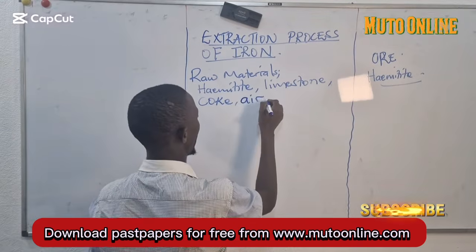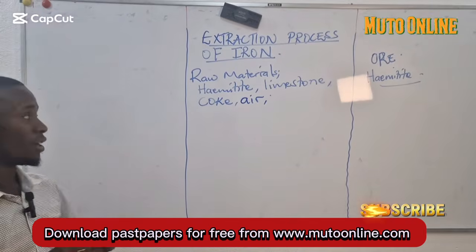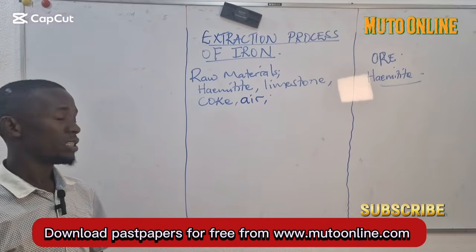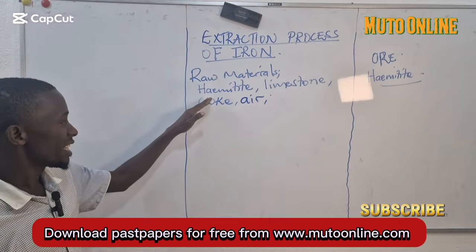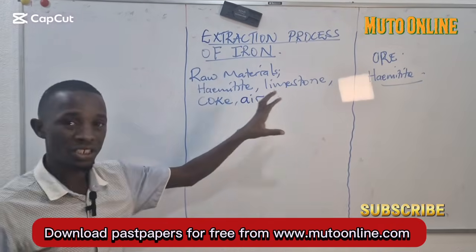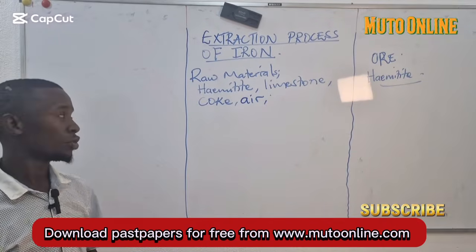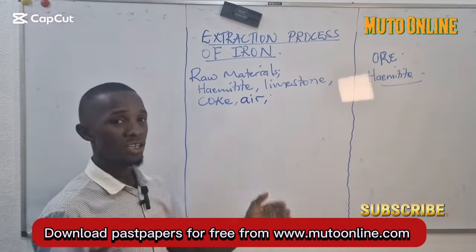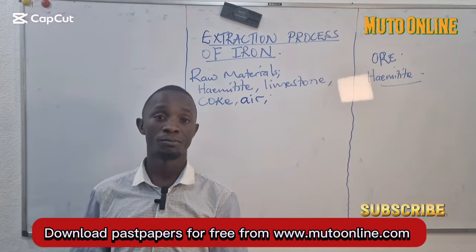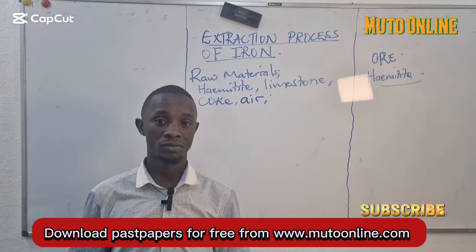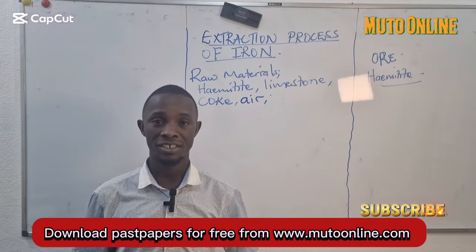We also need air, because it is a crucial requirement. After putting all these raw materials into the furnace, we usually feed in hot air from the bottom into the furnace.